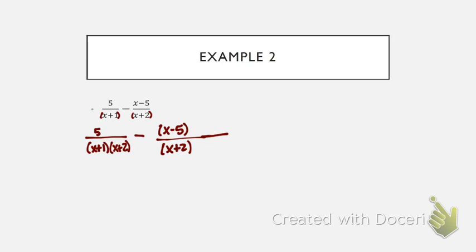In the original problem, I had 5 over x plus 1. So if I'm adding an x plus 2 to the denominator, I also have to add an x plus 2 to the numerator. In the second fraction, I need x plus 2 and x plus 1 both in the denominator. So I have to add an x plus 1 in the numerator as well.